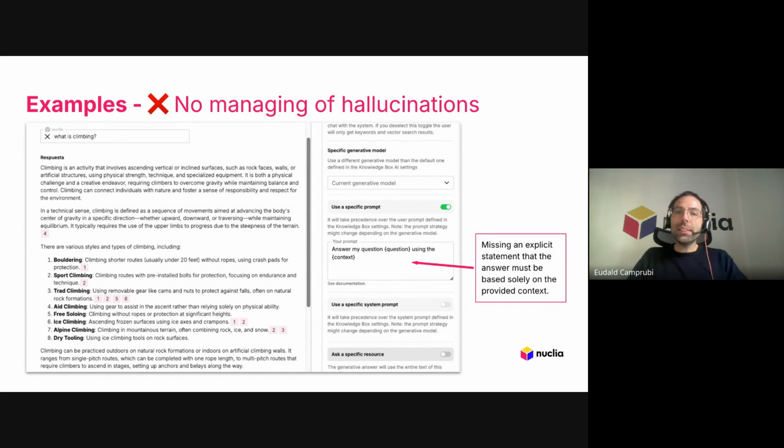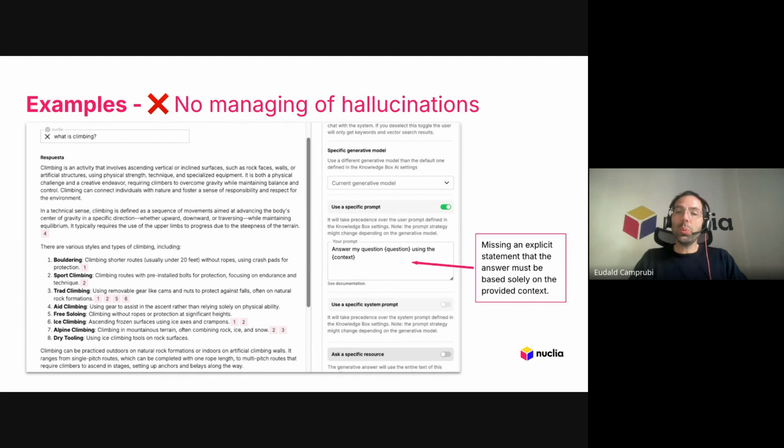prompts that basically did not avoid hallucinations. Remember that one of the very important things when prompting in RAG is avoiding hallucinations. In this case we are showing a mistake. Again, we have a question from a user, which is what is carambing.